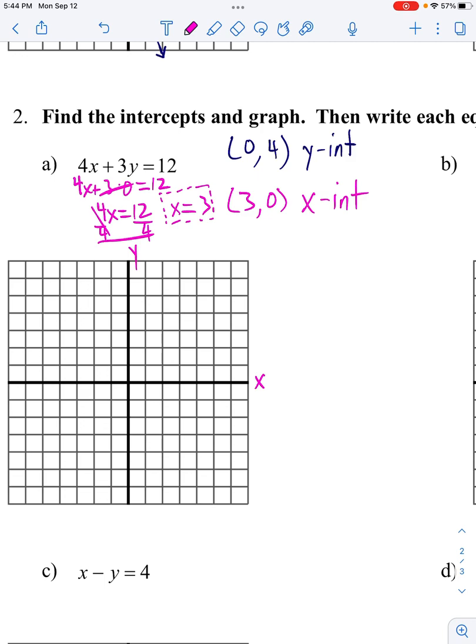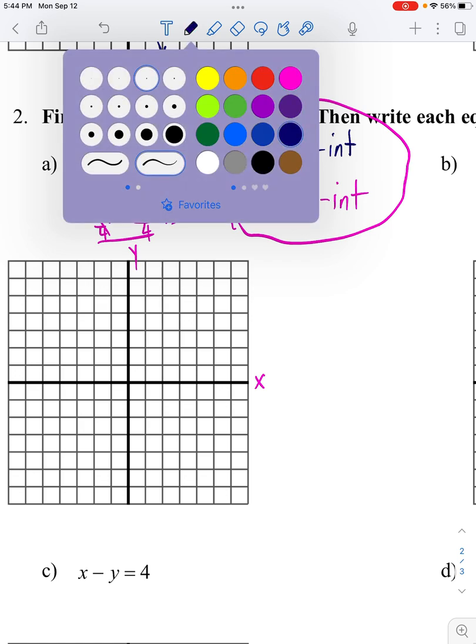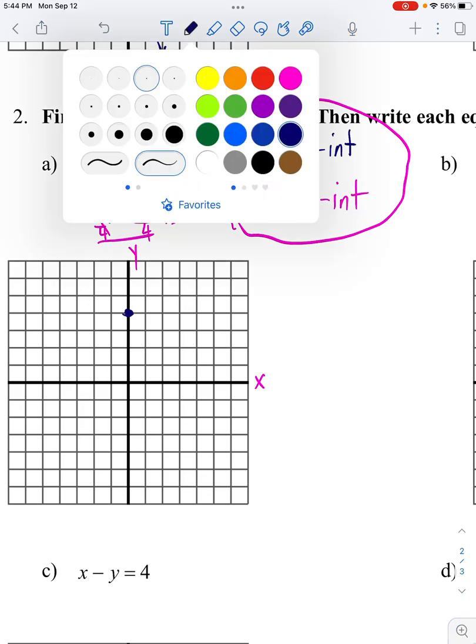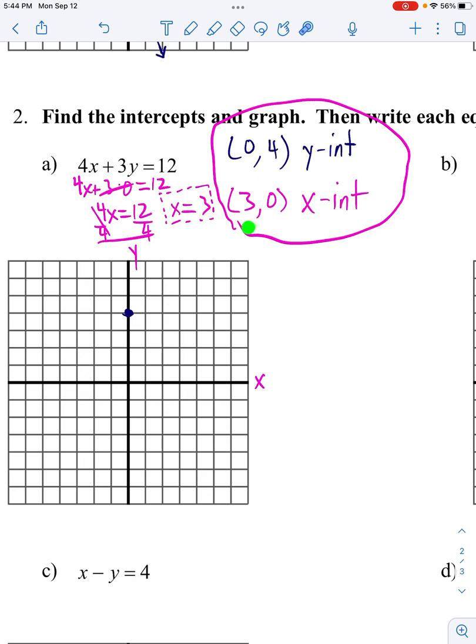So that gives me both my intercepts. And now all I have to do is graph both points and draw a line through them, and now I'm done. So 0, 4, I'll start with that. So 0, and then up 4. Remember, it's x-coordinate, then my y-coordinate. And then I'll do my x-intercept, so go to the right 3.